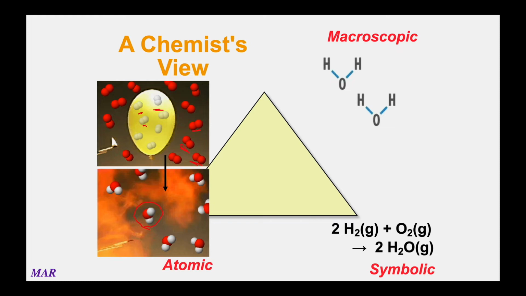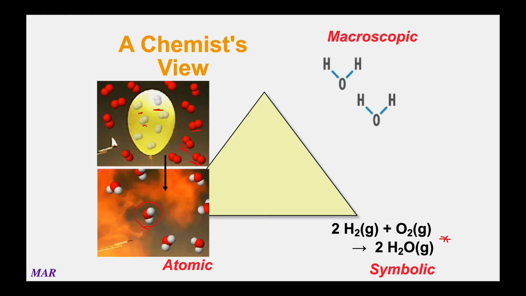Now, that took a lot of words, and chemists can be very lazy. So it's also nice to think about it from a symbolic perspective, i.e., how can we write this? And that's what this is right here. This is a balanced chemical reaction, and we'll talk about this later on in Chem 221.